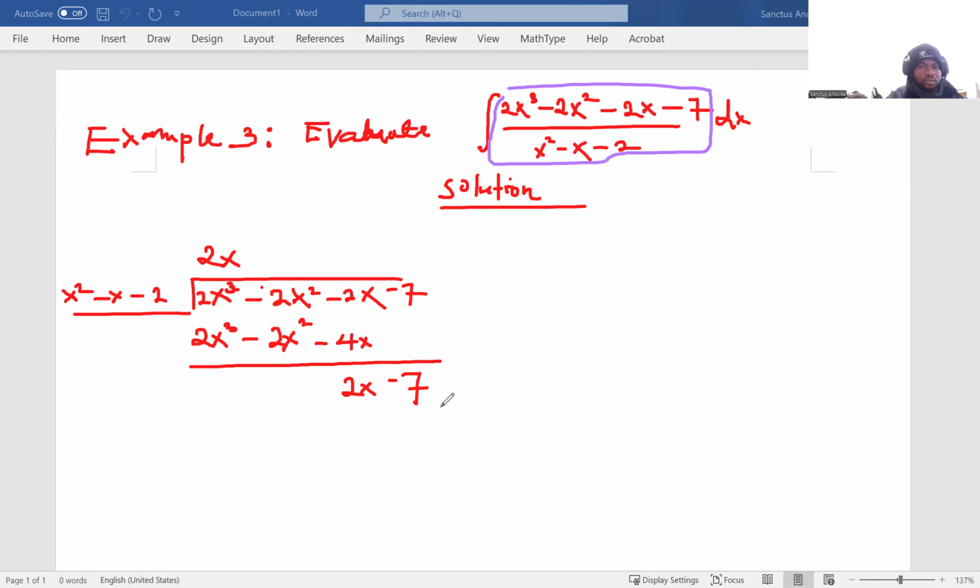Okay, so at the end of the day, we now have this, which is the quotient, plus this over this, the remainder over the divisor.